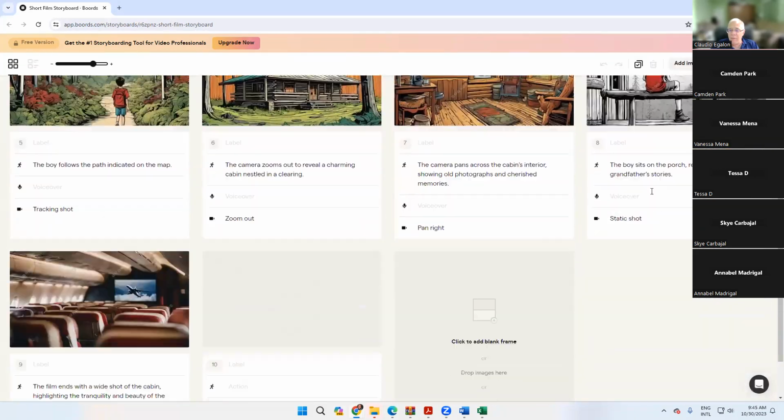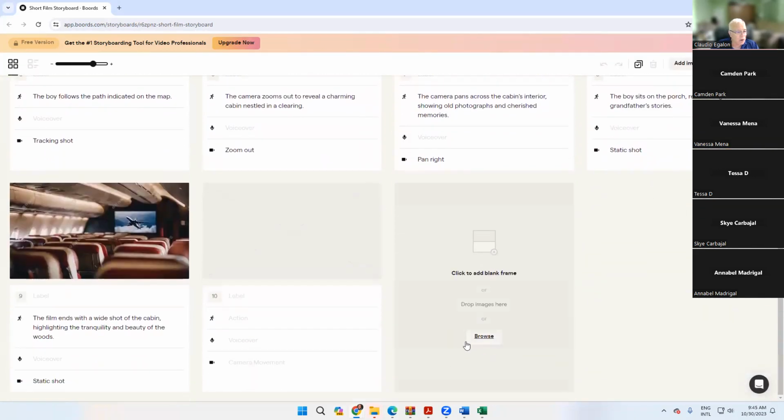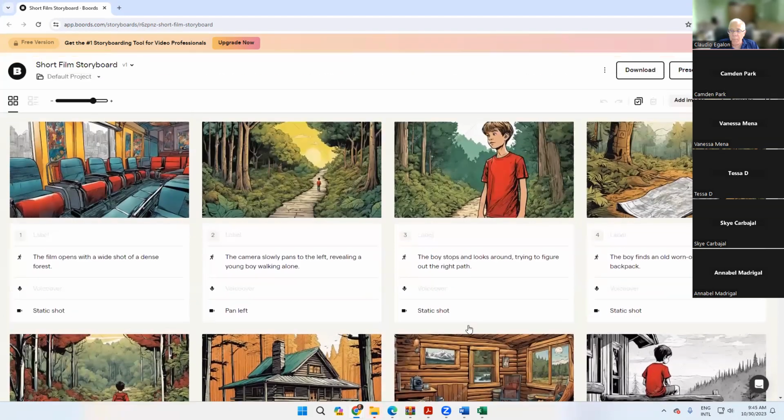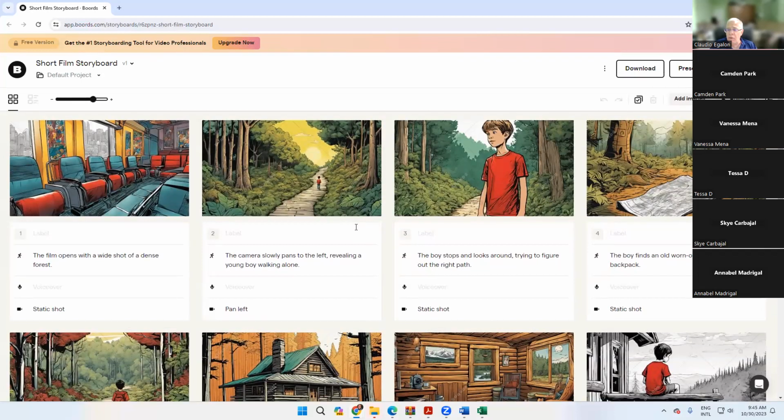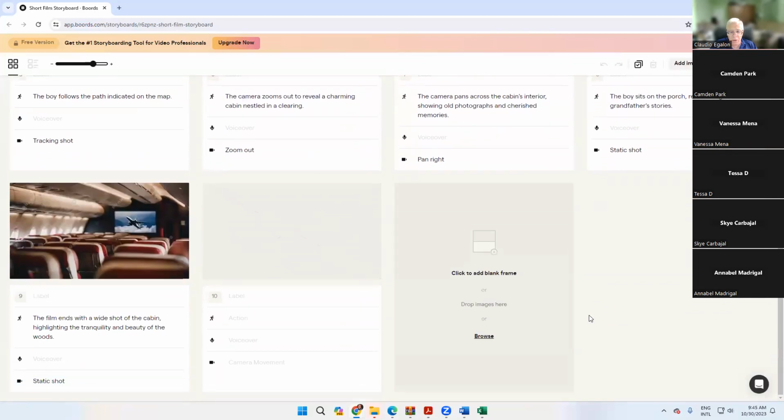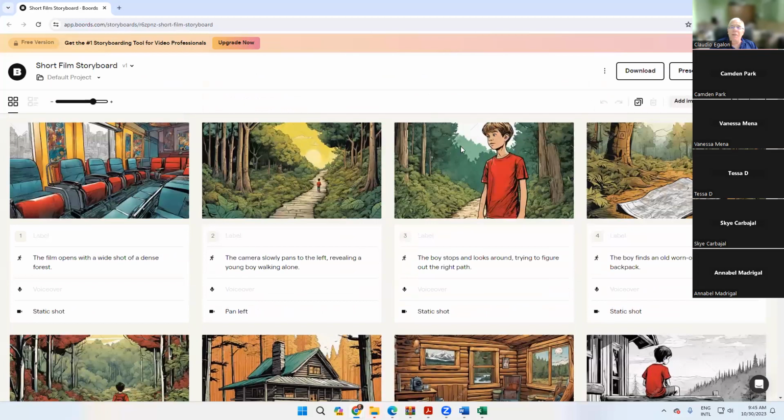We have different types of illustrations. This one is like comics illustration, and you can choose what type of illustrations you use. Okay, so just a little thing to share with you.